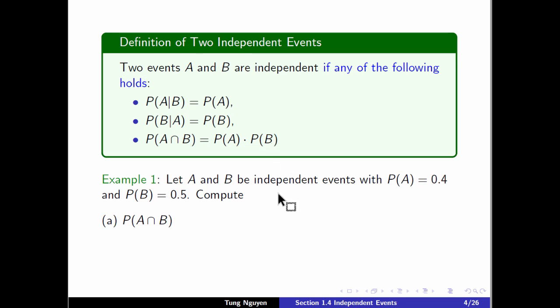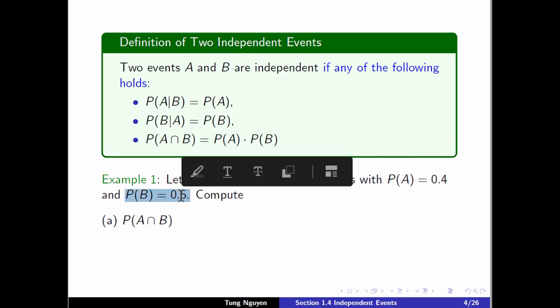Let's take a look at some examples. In the first one, we have 2 independent events, A and B, with probability of A occurring 0.4 and probability of B occurring 0.5.